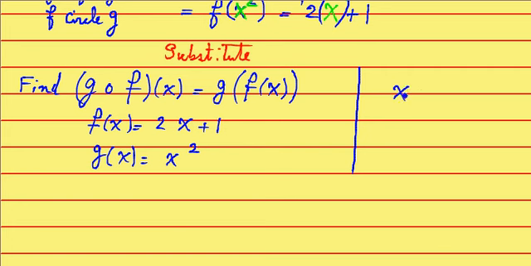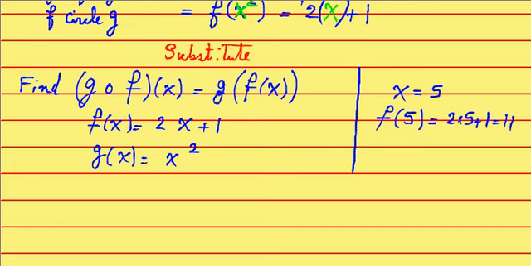I take x to be some number, say 5. Well, who is going to get the 5 first? F is the one who sees it. So I say, what is f of 5? F of 5 comes out of this formula. That's 2 times 5 plus 1, that's 11.